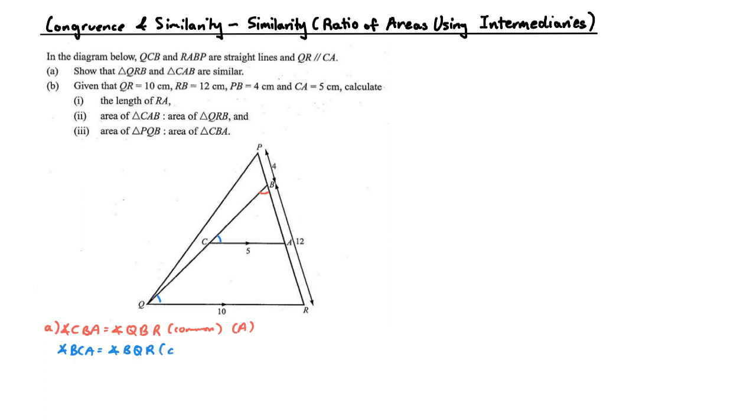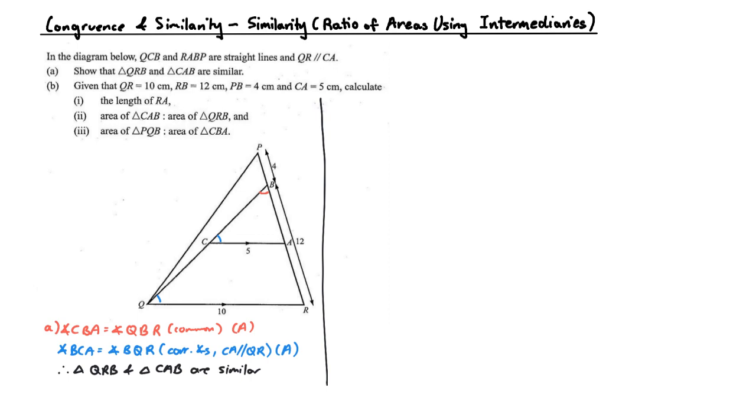And this is corresponding angles because CA is parallel to QR. That is your second A. Therefore, triangle QRB and triangle CAB are similar. So you have just answered A.